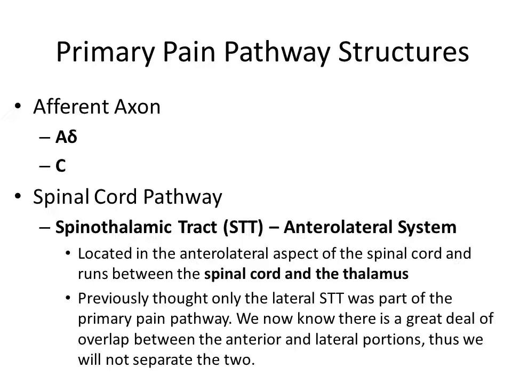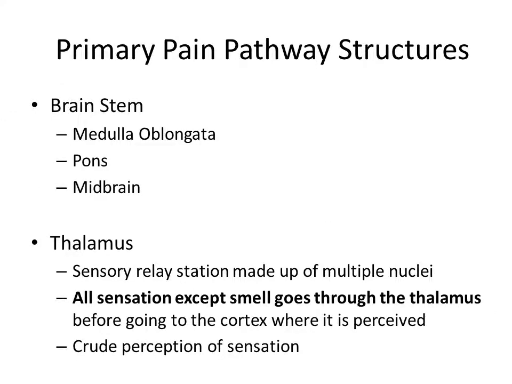The information that travels through the spinothalamic tract is going to go up through the brainstem, get to the cerebrum, and it's going to connect to another neuron in the thalamus. Recall that the brainstem is made up of the medulla oblongata being most inferior, the pons, and then the midbrain being the most superior part of it. Superior to that in the cerebrum is our thalamus.